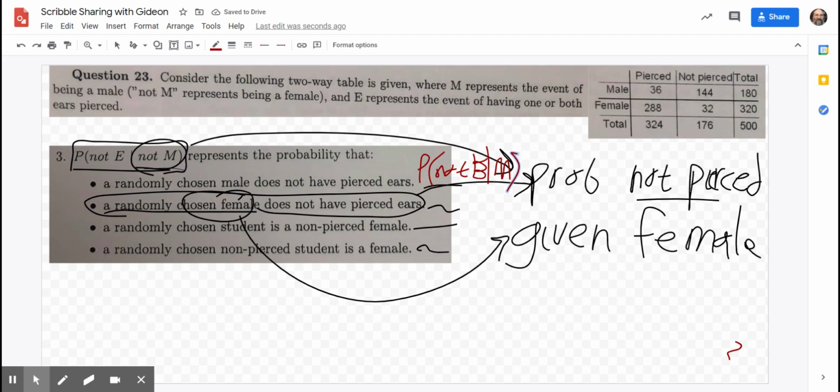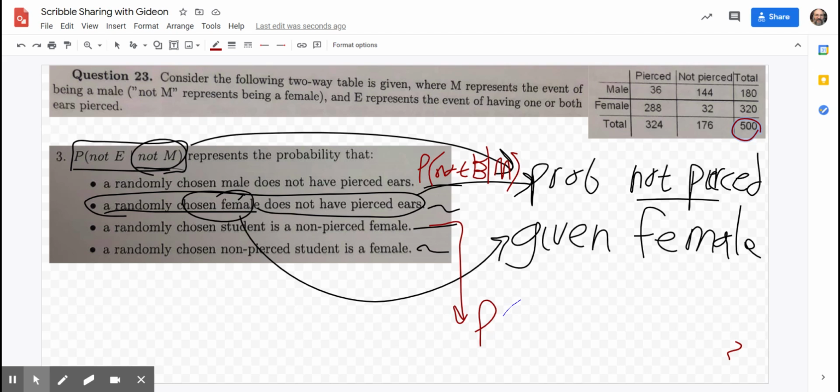That's a little weird. A randomly chosen student is a non-pierced female. So this is kind of cute. I'm going to move it down here. You're asking what's the probability of a non-pierced female given they're a student. But there's only students here. So given a student is just given somebody's in the universal set, and everything's in the universal set. So this isn't even conditional.